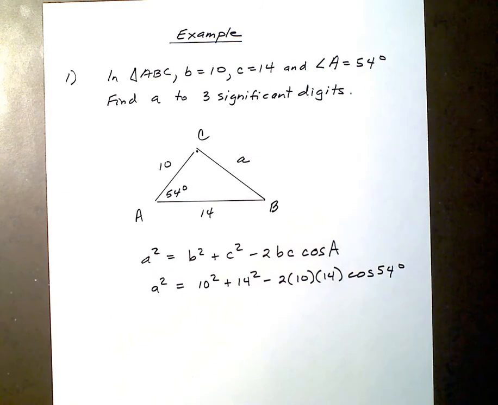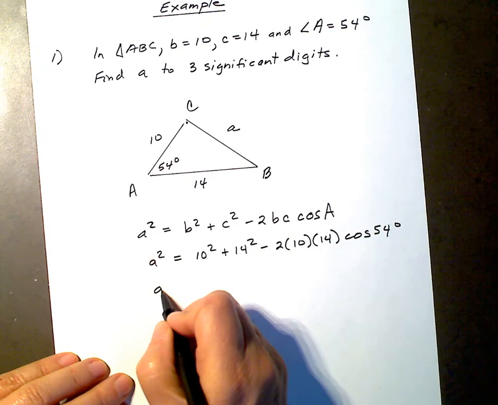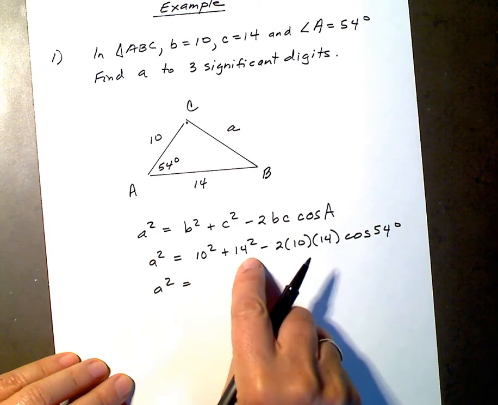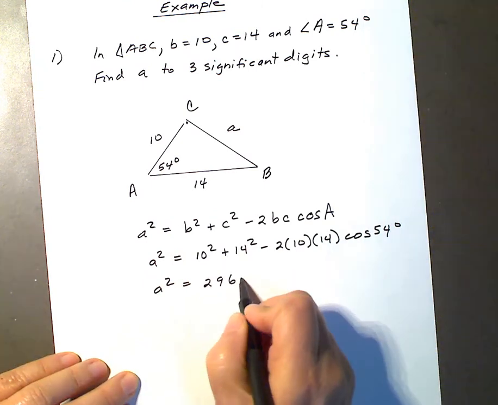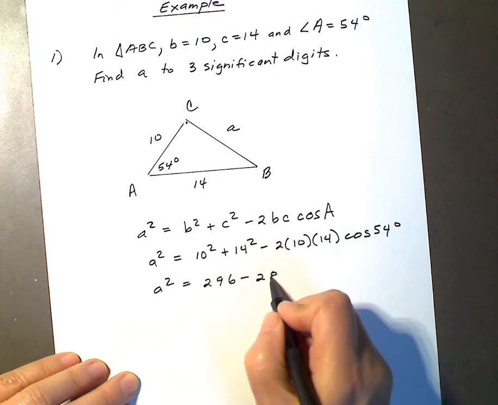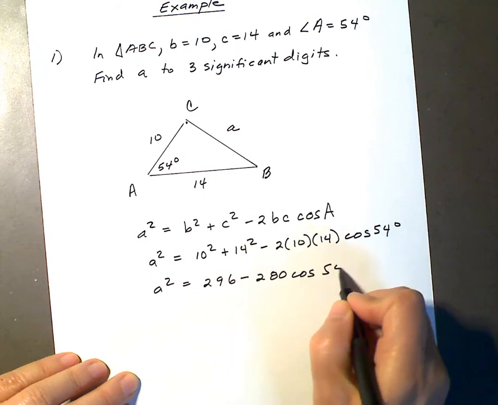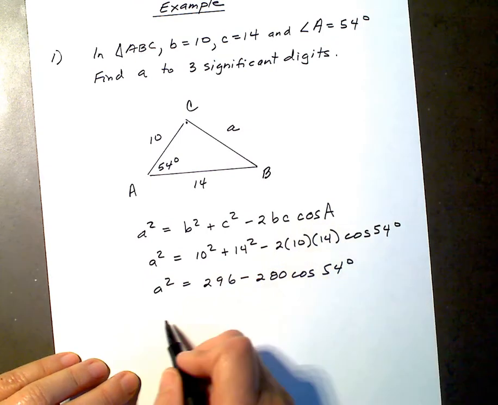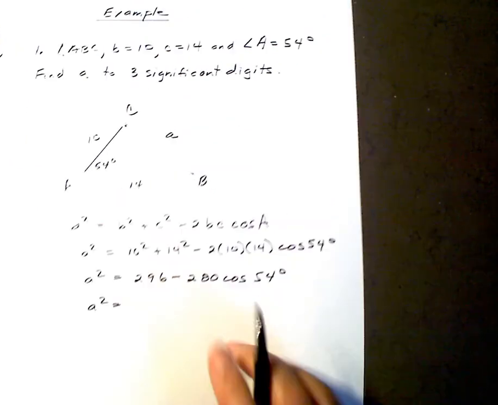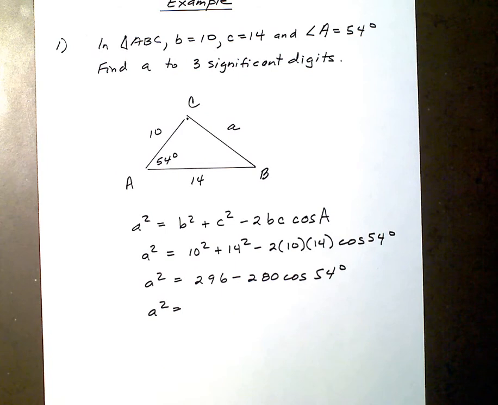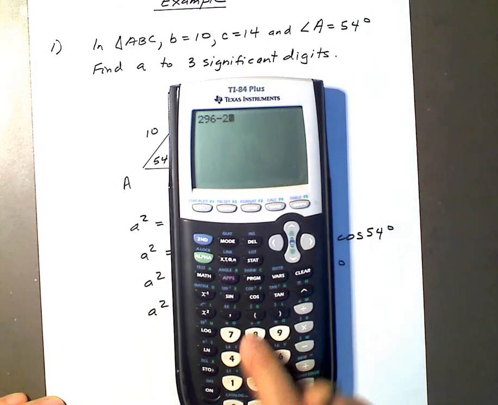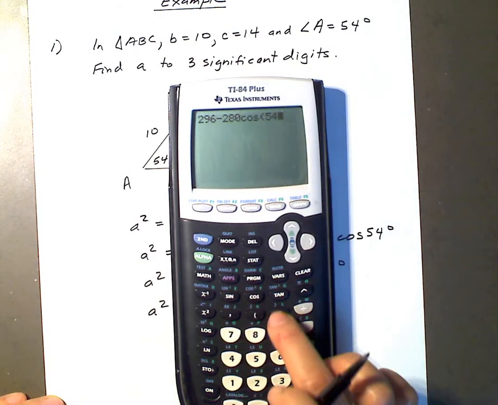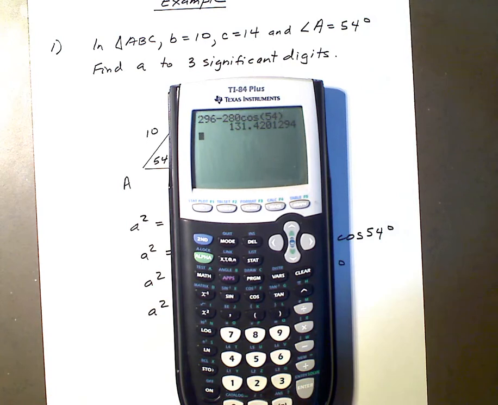So, continuing to simplify, 100 plus 196, so this is 296 minus 280 times the cosine of 54 degrees. And I punch that into my calculator, and I'm going to leave that in my calculator. So I'm just going to punch it in directly. 296 minus 280 times the cosine of 54 degrees, and I get 131.4204.